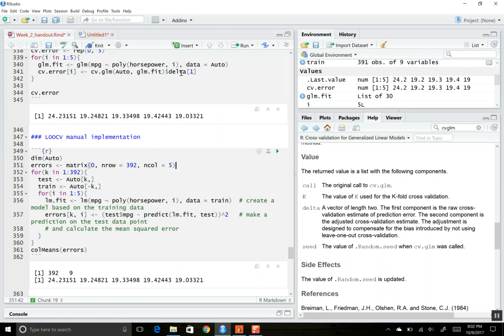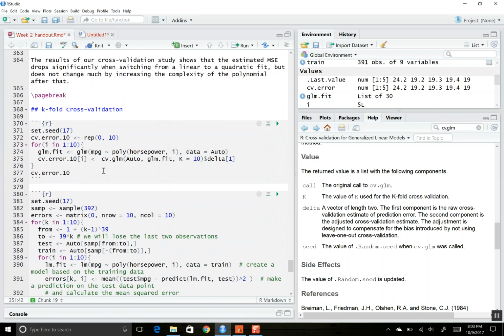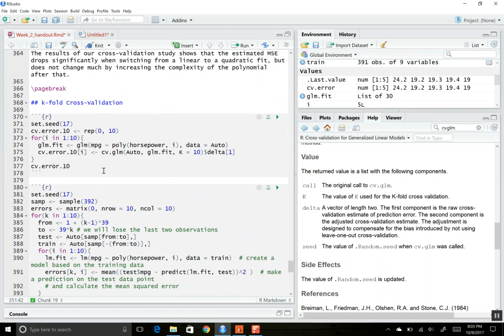If you feel like this is a lot of work, it's not. You just have the computer do it. But there are other reasons, there's the bias-variance trade-off. If you don't want leave one out cross-validation, the next option is k-fold cross-validation.